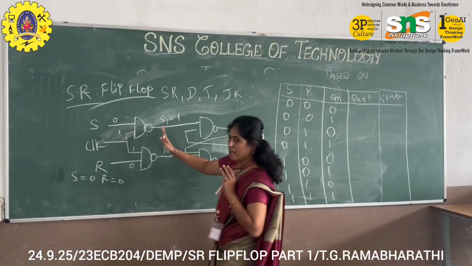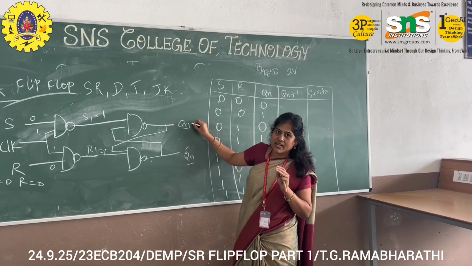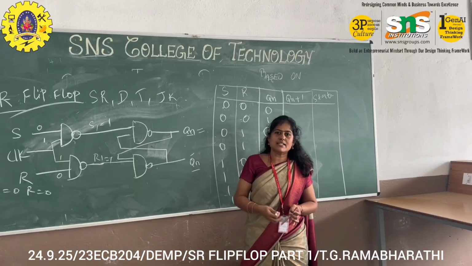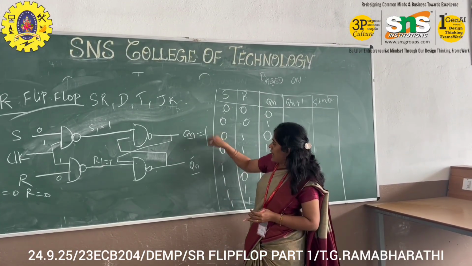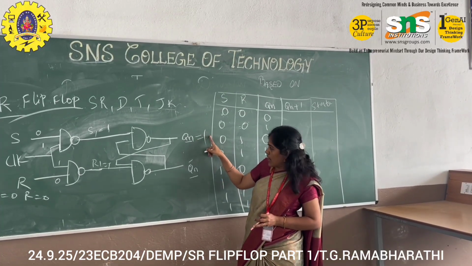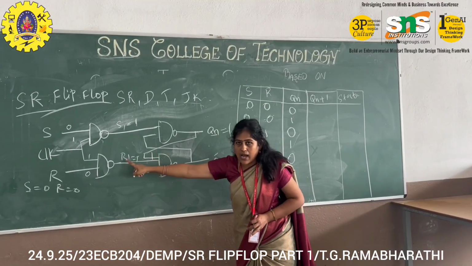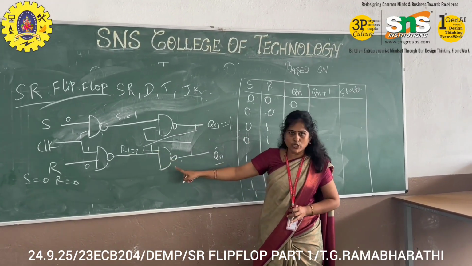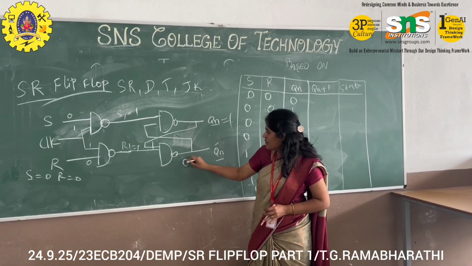So the first stage is completed. Now for Qn and Qn bar, we can first initialize either 0 or 1; that is our willingness. I took 1, so I initialized Qn as 1, and this 1 is given here. The other input, R1, is also 1. 1 and 1 given to the NAND gate gives output 0.